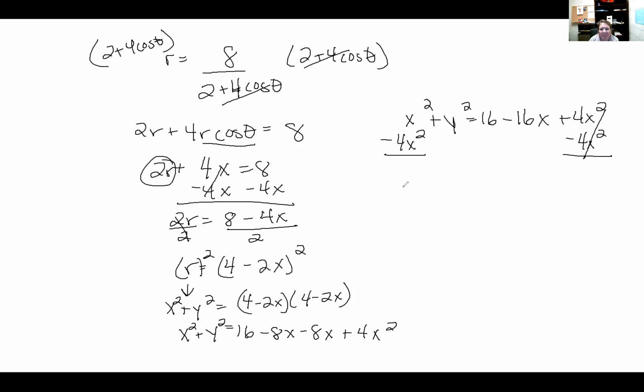So it's going to give you negative 3x squared plus y squared plus 16x minus 16 equals 0. So notice here, this is a 1, this is a negative 3. If you multiply the coefficients in front of your x squared and your y squared, it's going to give you a negative, which means that it's going to be a hyperbola.